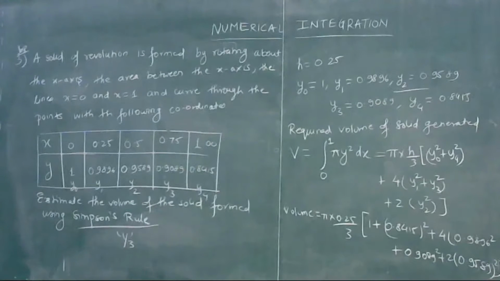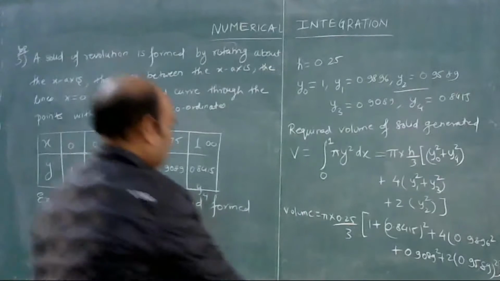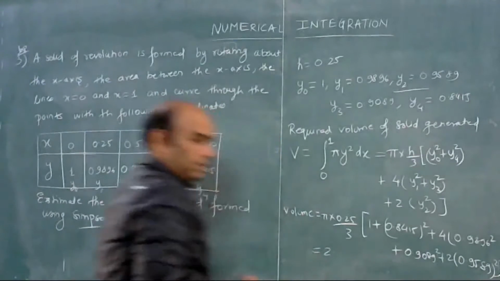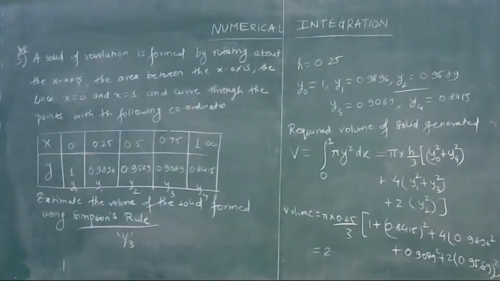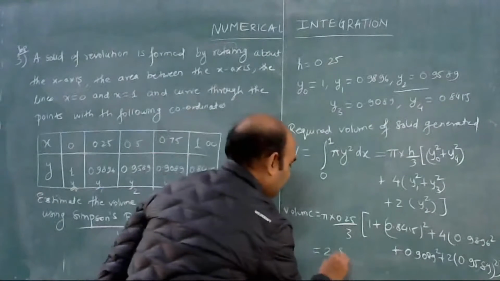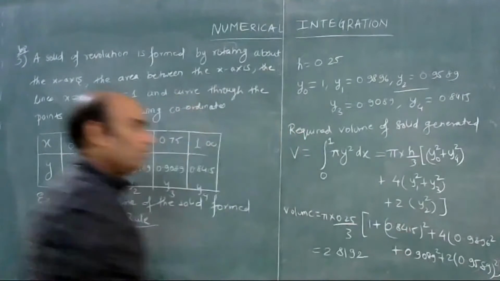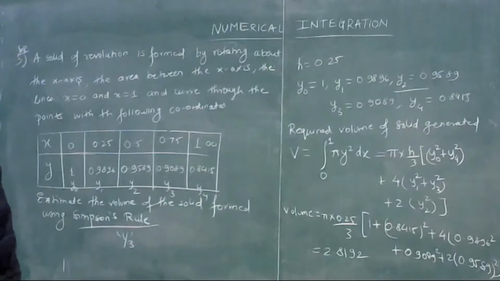Okay. So volume will come as 2.819 into pi.